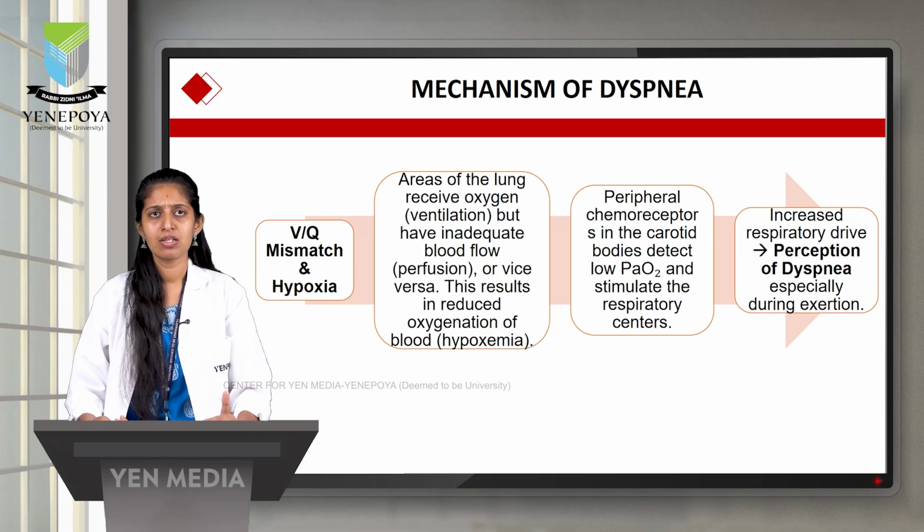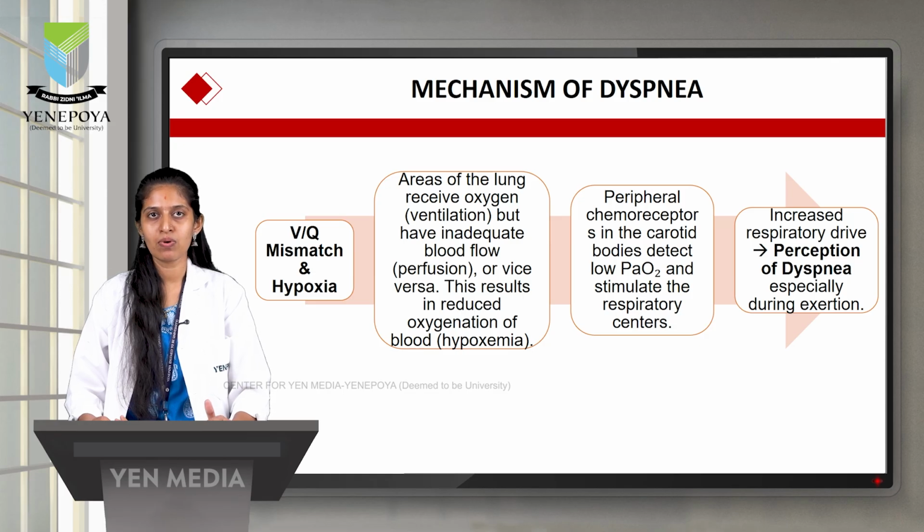In that case, you will see V by Q mismatch. Similarly, vice versa, there might be more ventilation and less blood flow, or less ventilation and more blood flow.